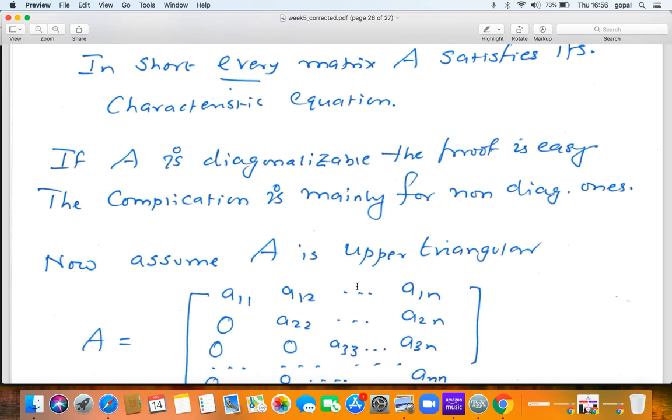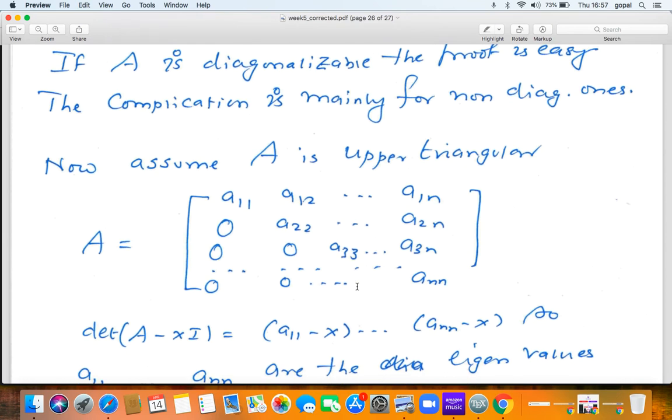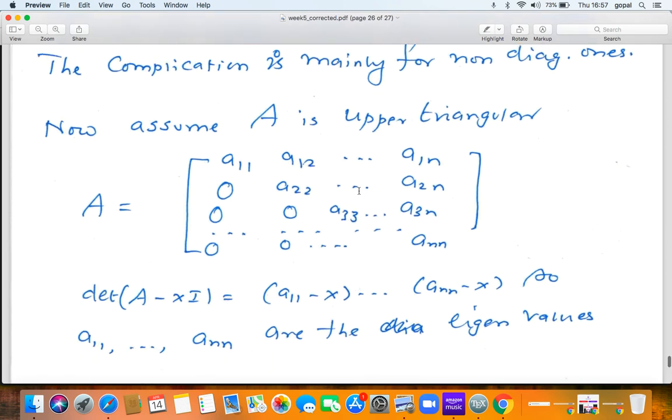We are going to prove it for upper triangular matrices right now. So I'm going to assume that A is upper triangular. That is, the diagonal entries are a11, a22, a33, dot dot dot, ann. Entries below the diagonal are all 0, and above the diagonal it could be whatever, I don't care. The matrix is displayed in front of you.